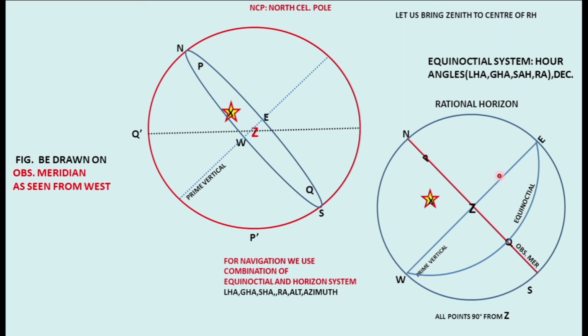Equinoctial, great circle. We saw the zenith was here, the equator was here, south of the observer. Now here the observer is in north latitude, because from Q to Z is the latitude and Z is north of the equator.